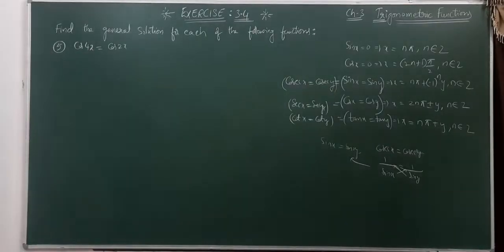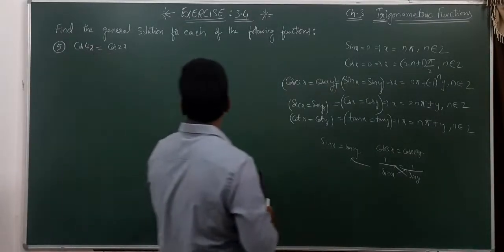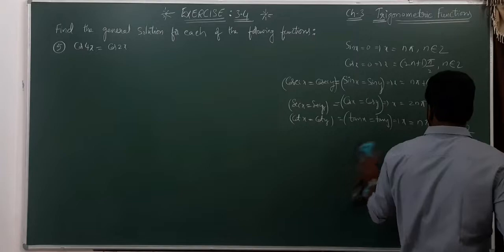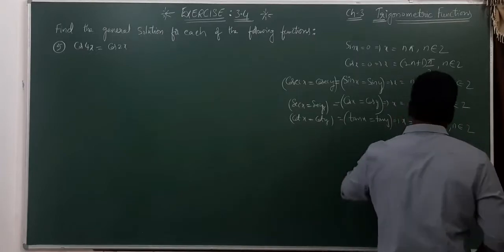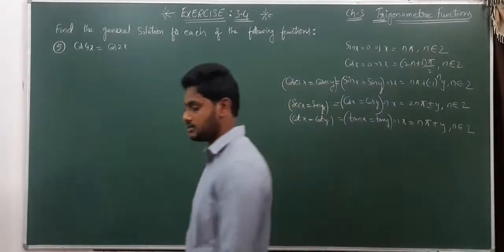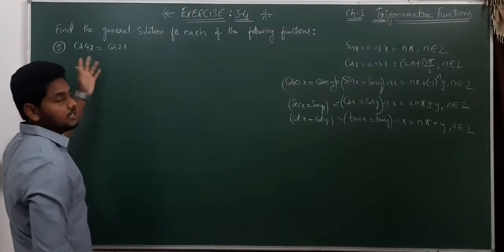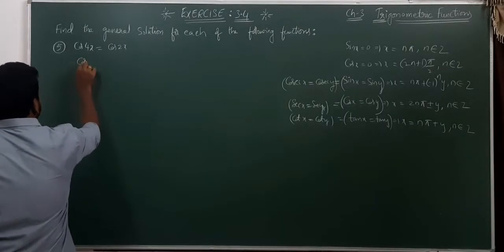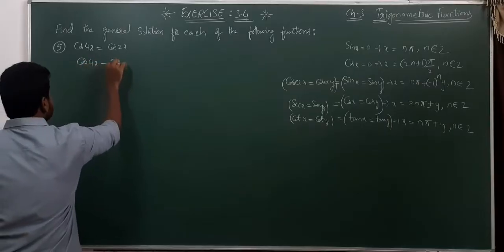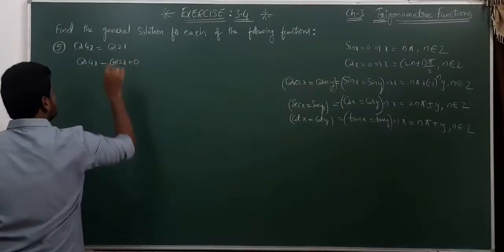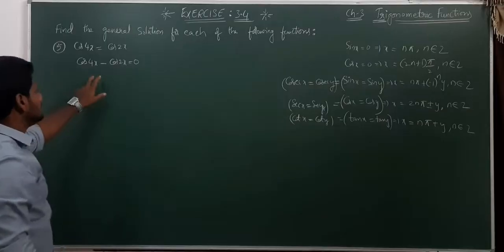Now, when it comes to the given question, that is cos 4x equal to cos 2x. How I will do it is, I will bring this cos 2x to the left hand side, then it will become cos 4x minus cos 2x equal to 0. I know the formula of cos x minus cos y.